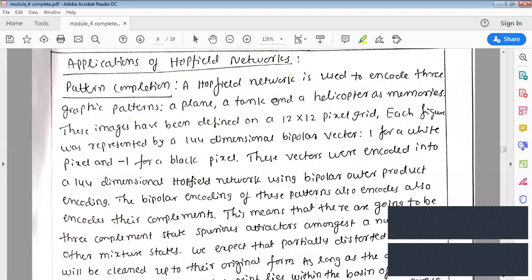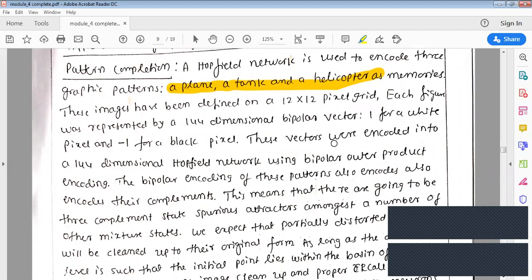Consider, let us say, an example of an aeroplane or tank or helicopter. So this is the model we want to build. Each particular picture is made into a 12 cross 12 pixel grid, and what happens? Totally, it will become a 144 bipolar vector. Why bipolar?